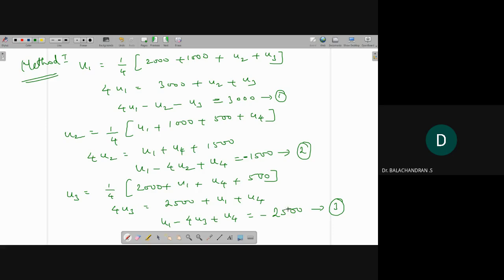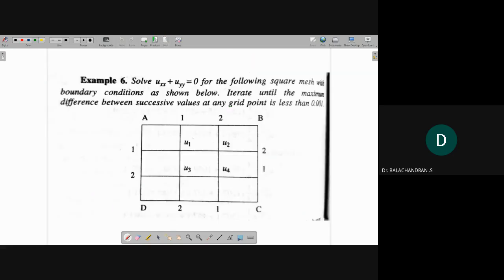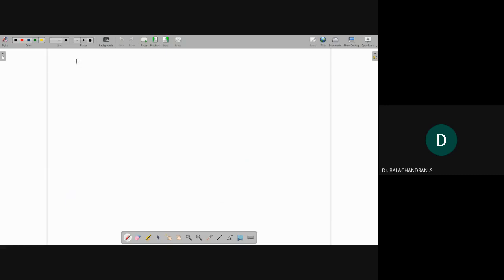And then u4. u4 equal to 1 by 4 into u3 plus u2 plus 0 plus 0.